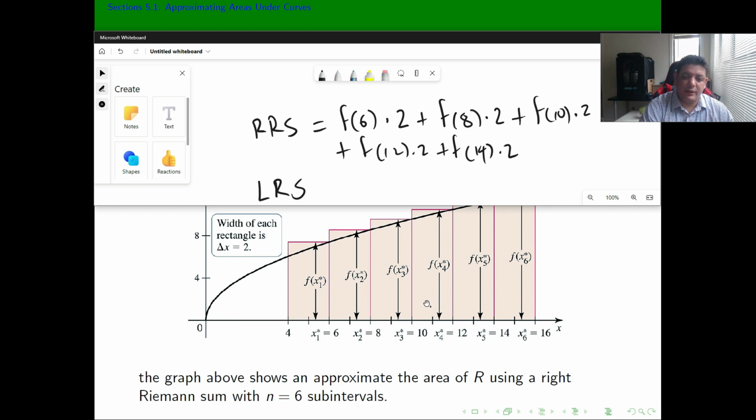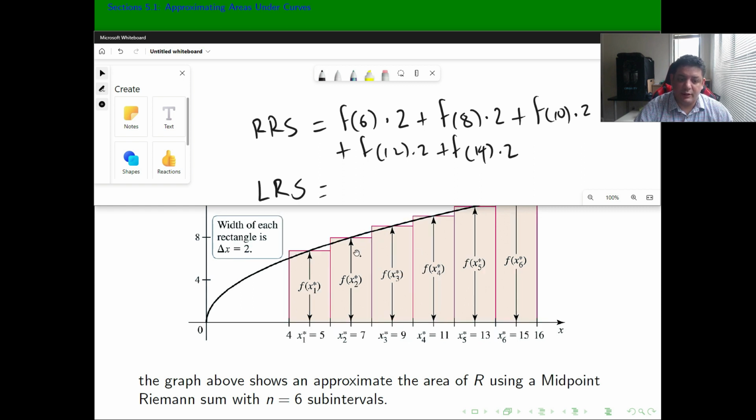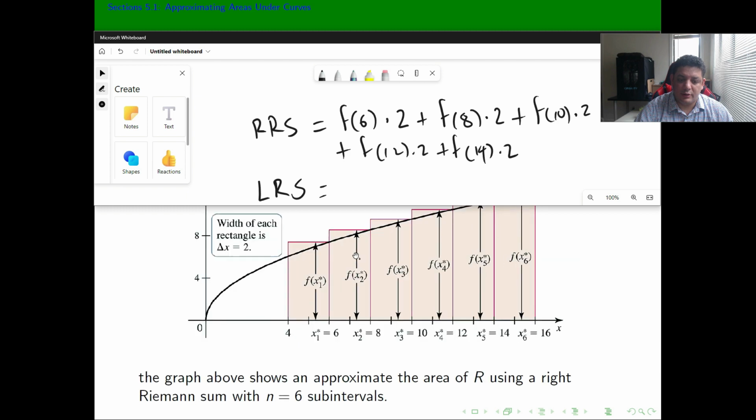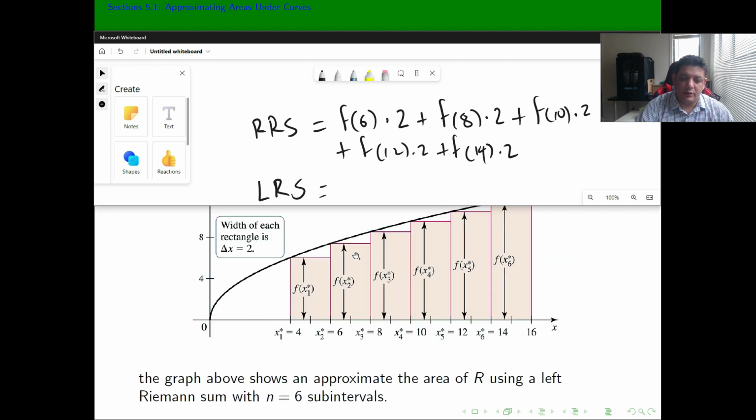Okay. In the case of the left Riemann sum, we're going to have f of 4 times 2 plus f of 6 times 2 plus f of 8 times 2 plus f of 10 times 2, and so on.